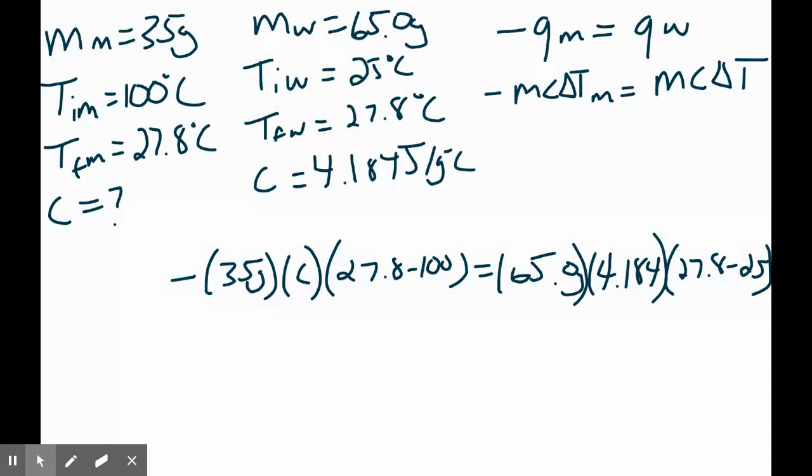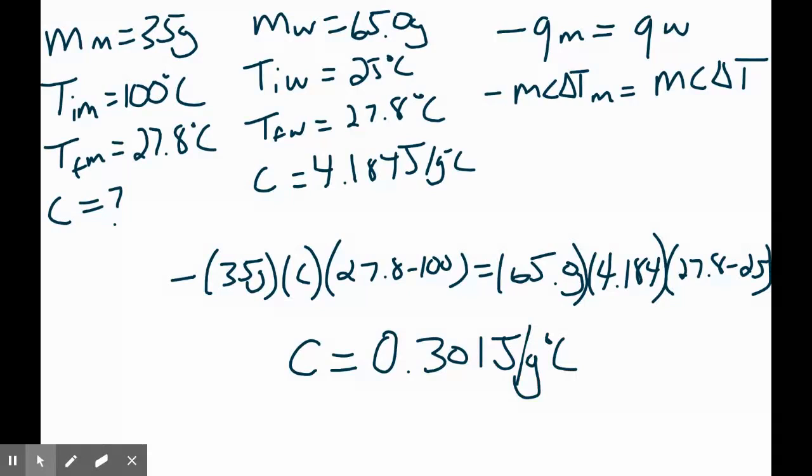And then you will divide that by the negative mass and the change in temperature. So for C, you should get 0.301 joules per gram degrees Celsius.